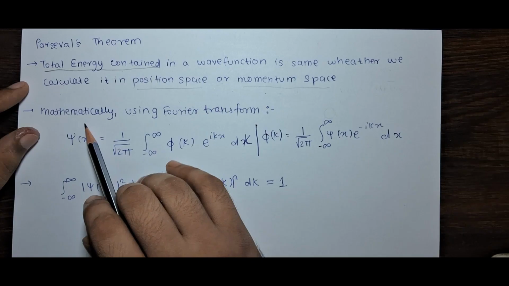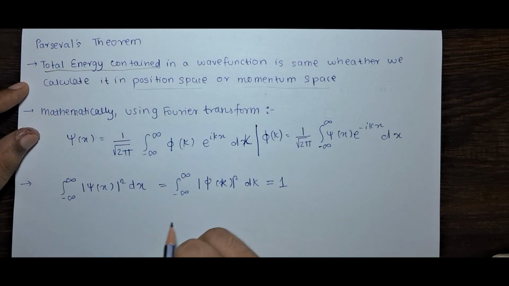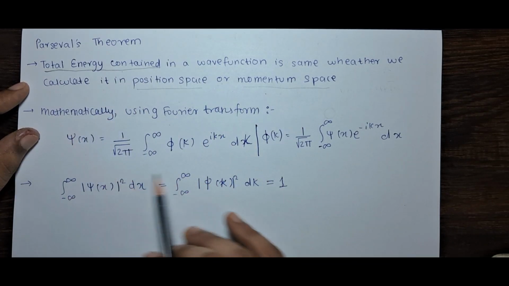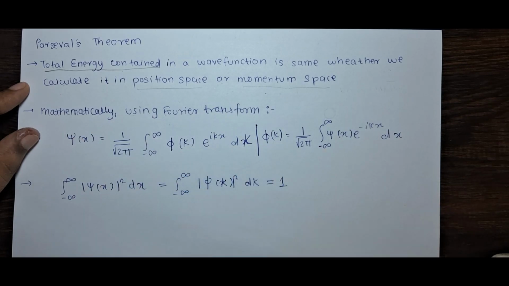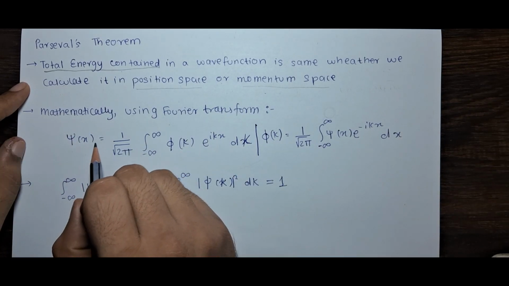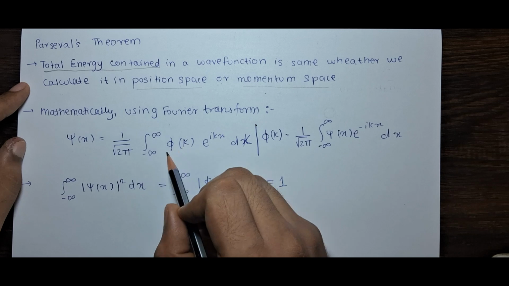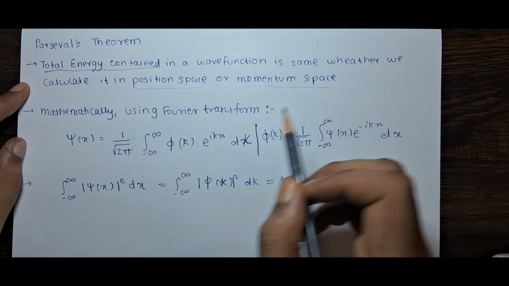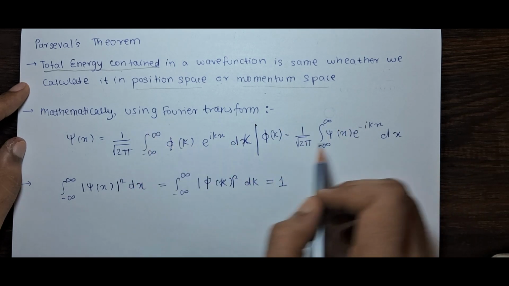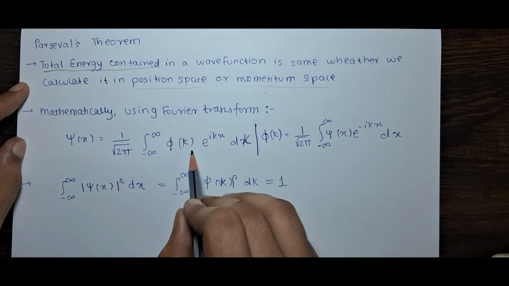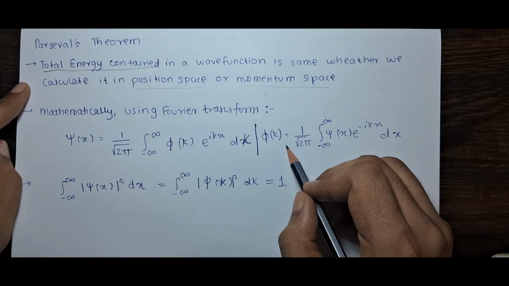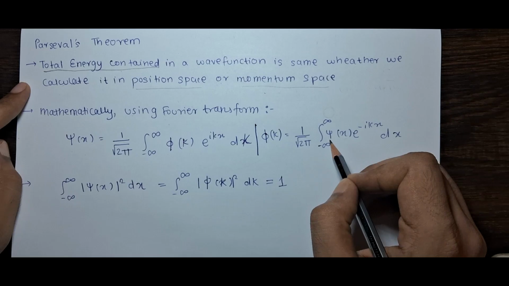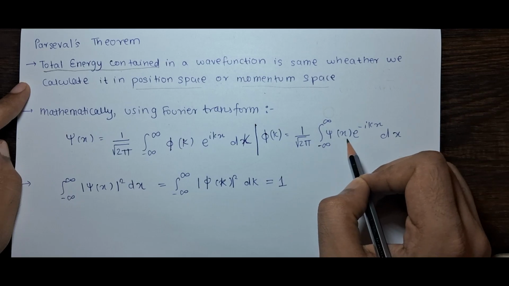Now mathematically, using the Fourier transform, we come to this conclusion. The first thing we come across is that the Fourier transform of the function psi of x is phi of k, and the inverse Fourier transform of phi of k gives back psi of x.